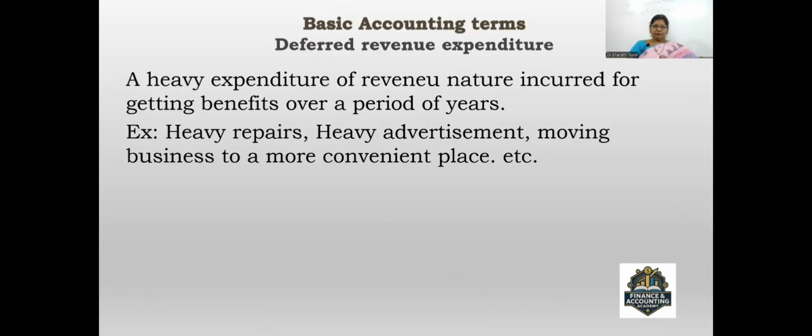Say, for example, in our business, we have incurred heavy expenditure. Why? Maybe our business required heavy repairs, or we have made a very heavy advertisement because we want to attract more customers. So this advertisement expenditure is also very high.